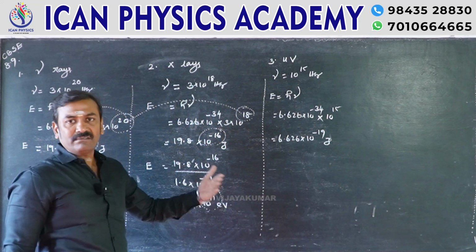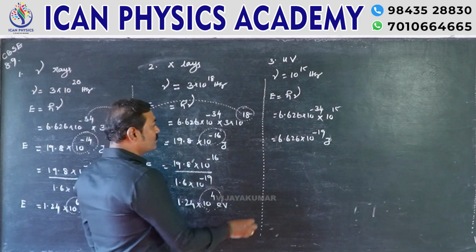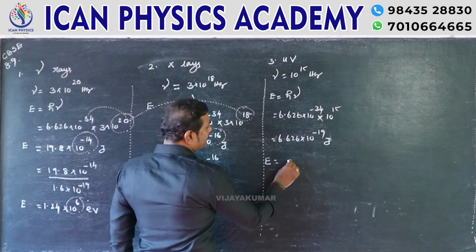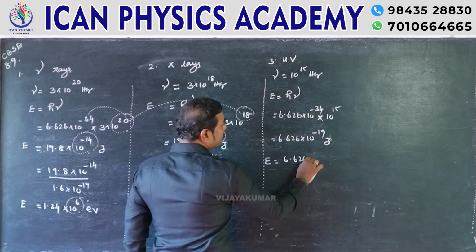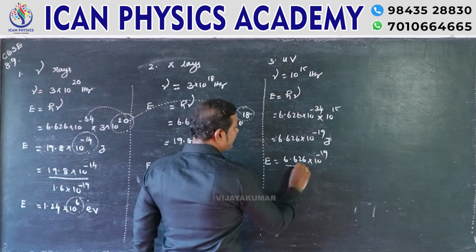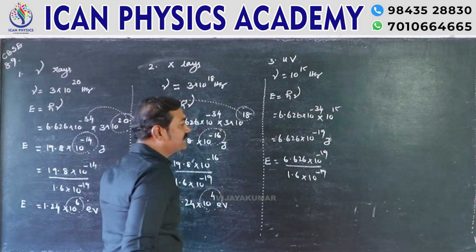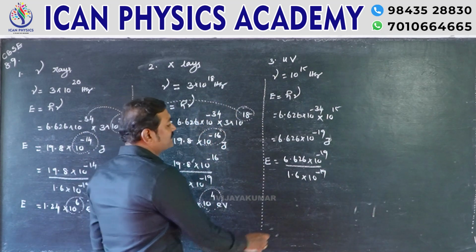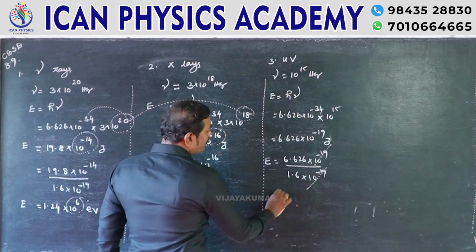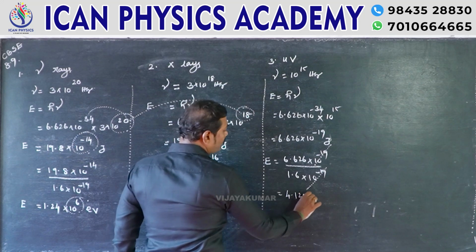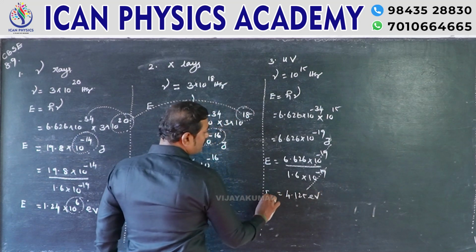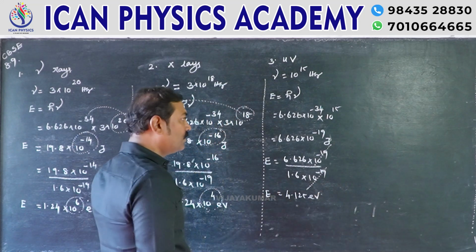Okay. Now convert the energy into electron volt. So E equal to 6.626 into 10 to the power minus 19 divided by 1.6 into 10 to the power minus 19. So minus 19 getting cancelled, so your answer is 4.125 electron volt. So it's energy in electron volt.